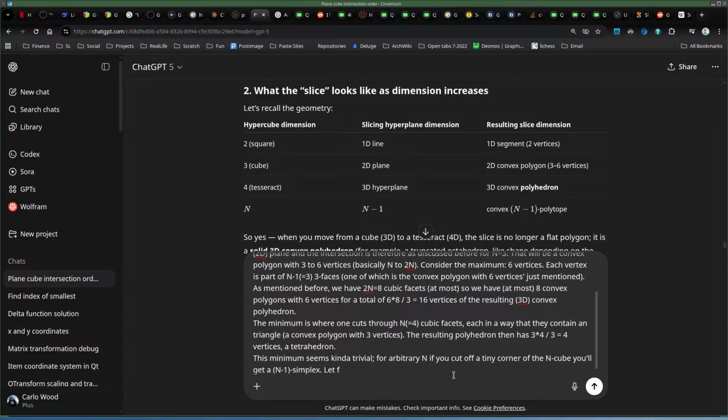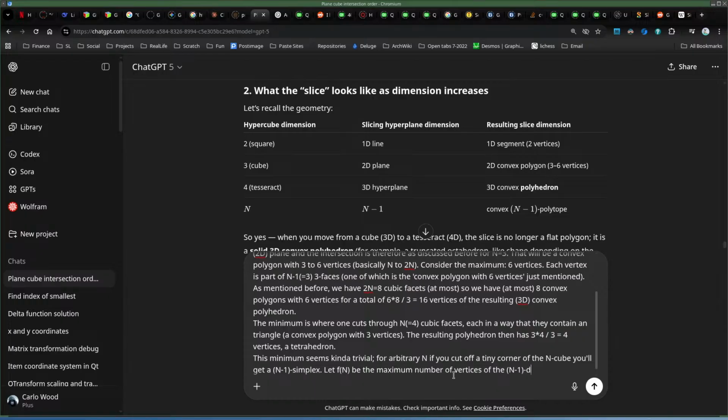Let f of n be the maximum number of vertices of the... so we're talking about a slice, so that is again n minus 1 dimensional.